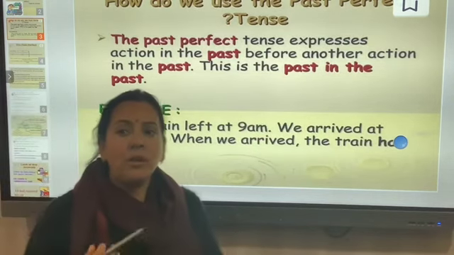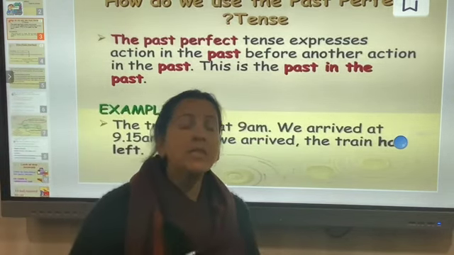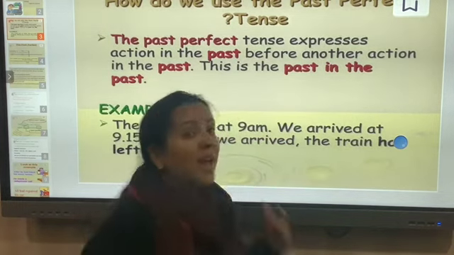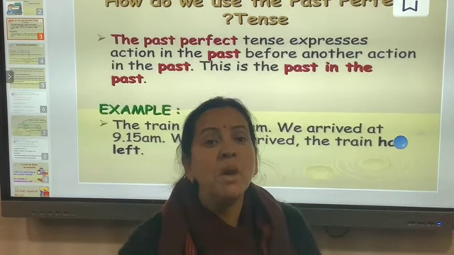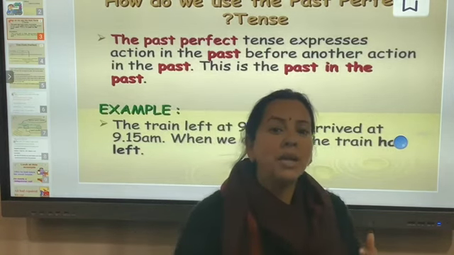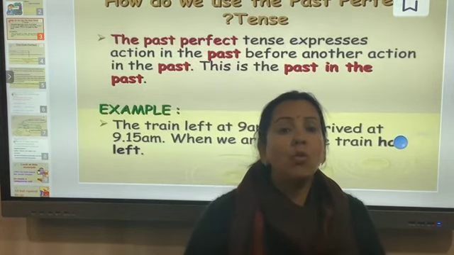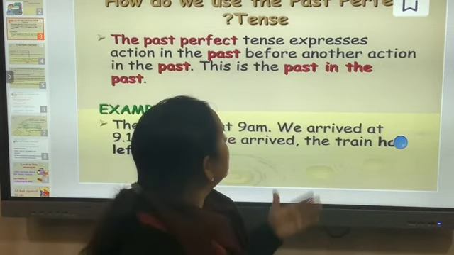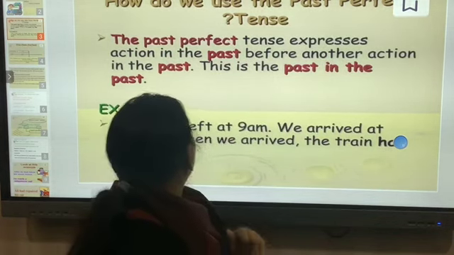Now let's begin. Let's imagine a situation. The train left at 9 a.m. B arrived at 9:15 a.m. So we can say that when B arrived, the train had left.